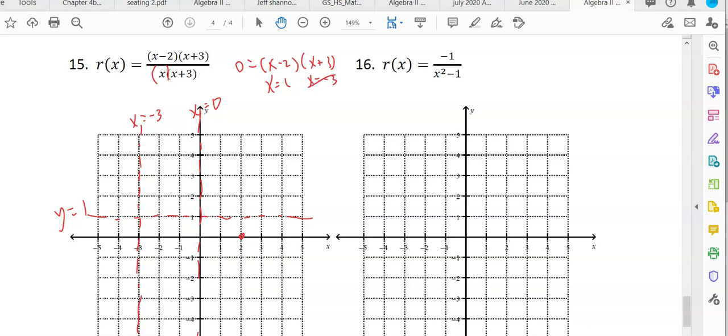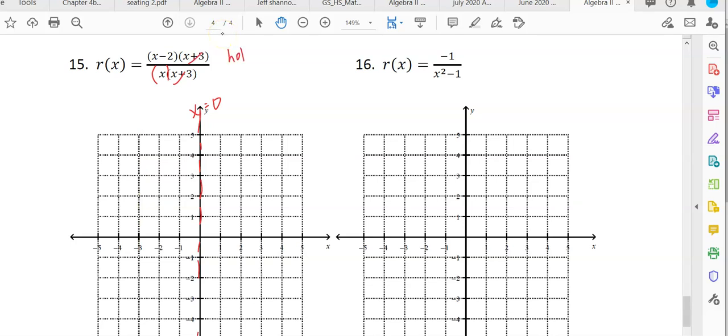Oh, don't cross those out. That's going to be a hole. Oh no. Sorry, I don't have a way to erase using this method I'm doing here. I just didn't see that to start with, but there's a hole there.